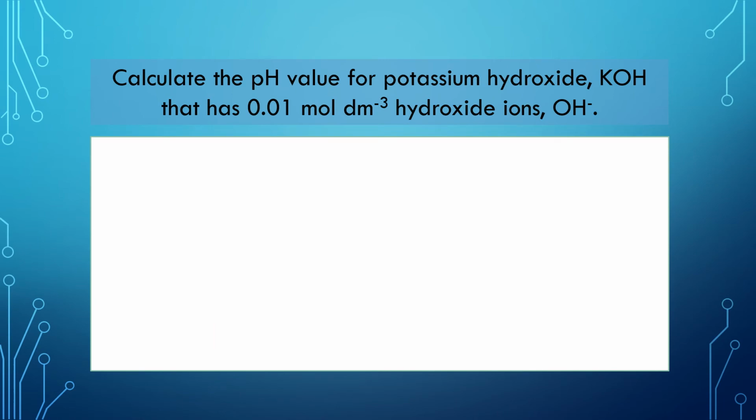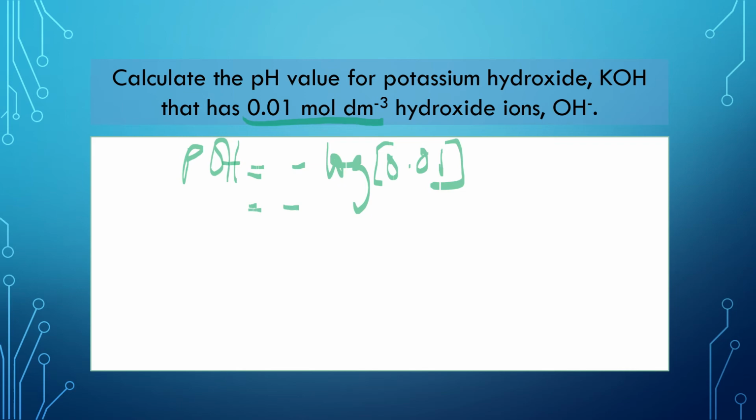Okay, next. Calculate the pH value for potassium hydroxide that has 0.01 mole per cubic decimeter hydroxide ion. Okay, by using the same formula, pOH equals negative log concentration of hydroxide ion, given here is 0.01 mole per decimeter cube. So the value for log 0.01 is negative 2. So it is 2.